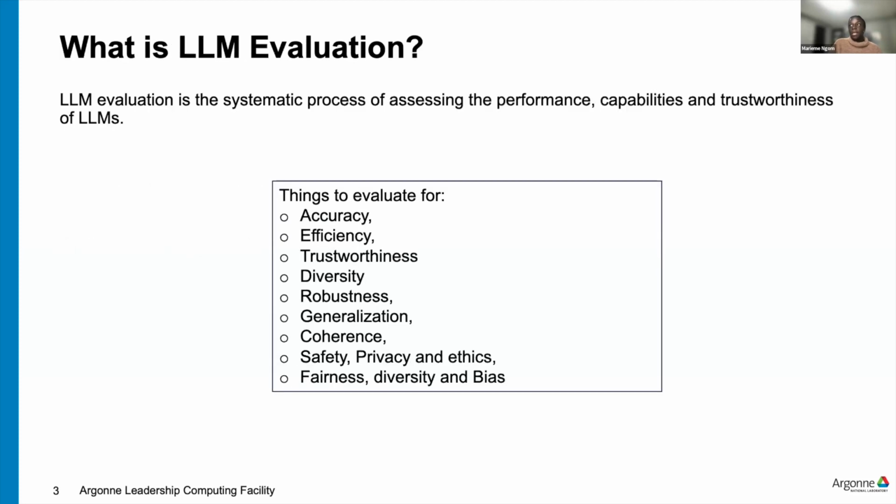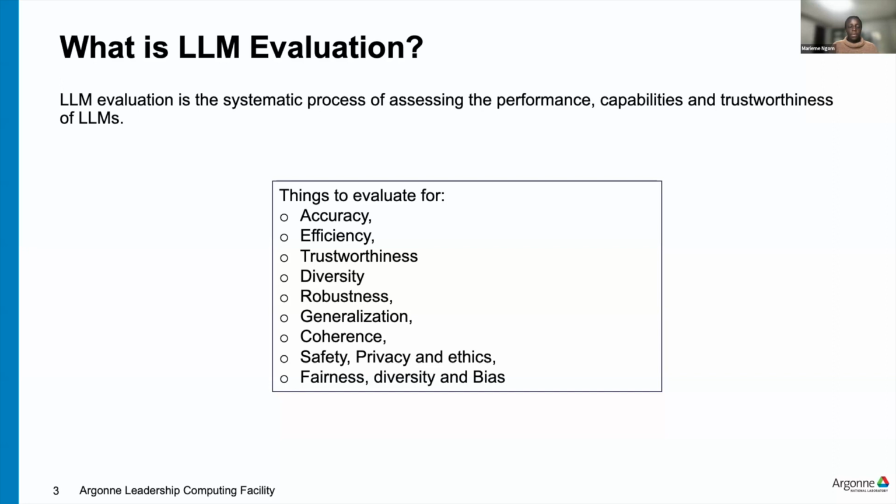All right. So what is LLM evaluation? A generic definition is that LLM evaluation is the systematic process of assessing the performance, capabilities, and trustworthiness of your large language models. So things to evaluate for, this is a non-exhaustive list.